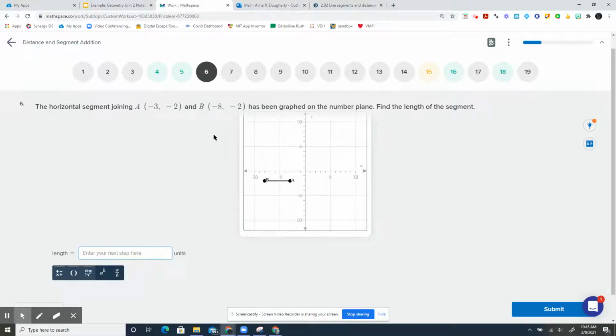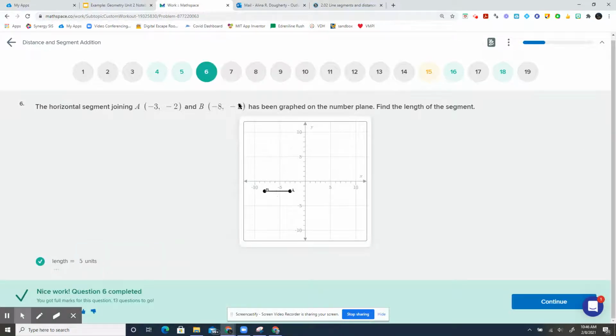So we're going from -8 to 3. So -8 to 3 is going to be 1, 2, 3, 4, 5 jumps. You can also do -8 minus -3. So -8 minus -3 is going to be 5. That is positive, right? Even though it's on the negative side, we have positive length. In geometry, we're usually talking about positive things.